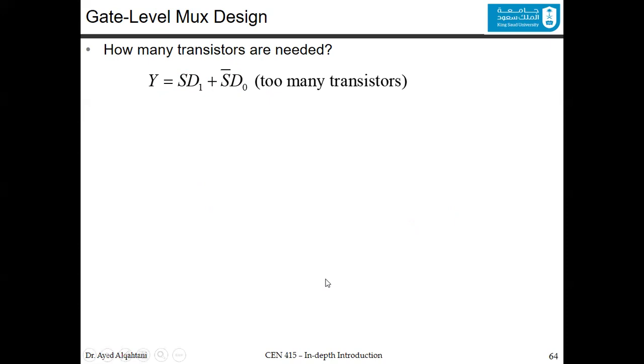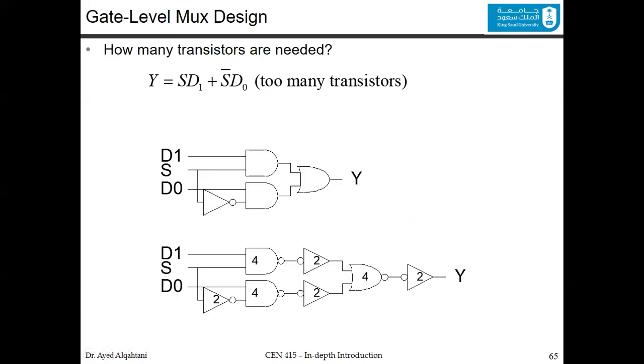S is either 1 or 0, D0 is ANDed here, D1 is ANDed here, and you connect both of them into an OR.